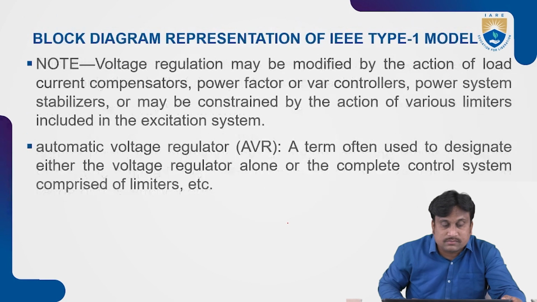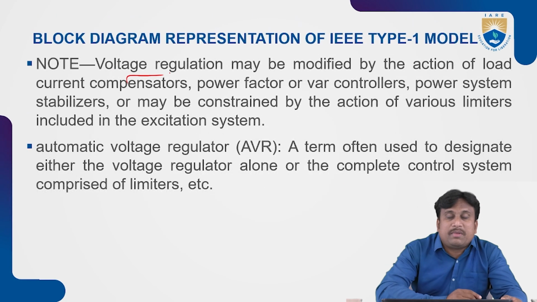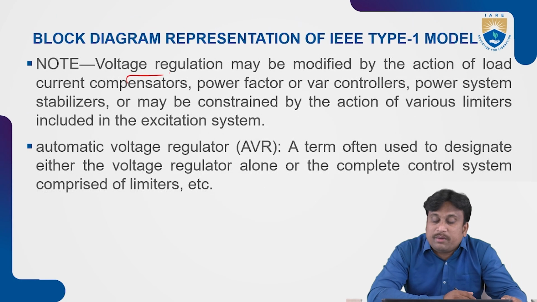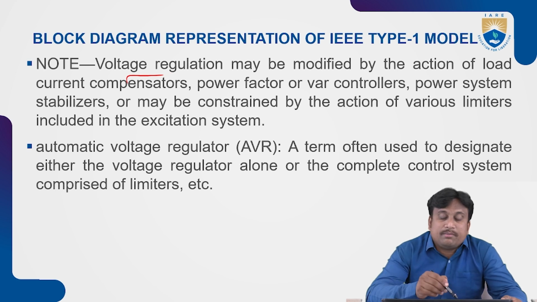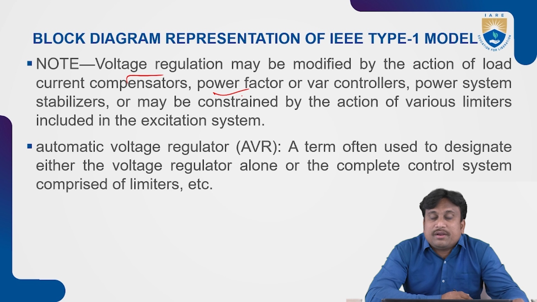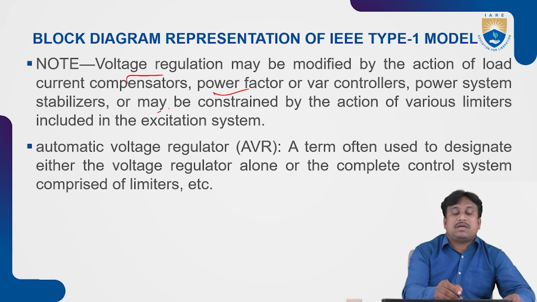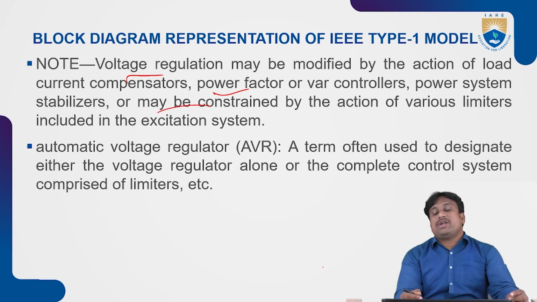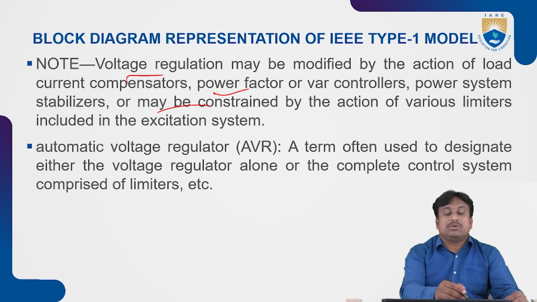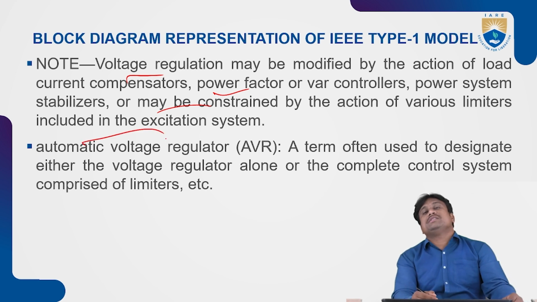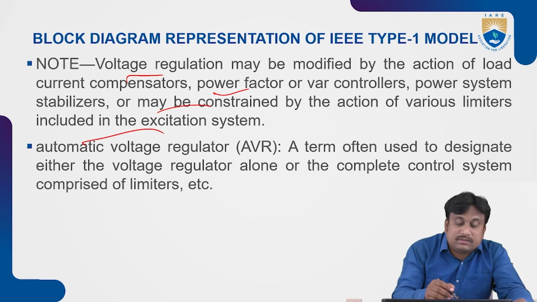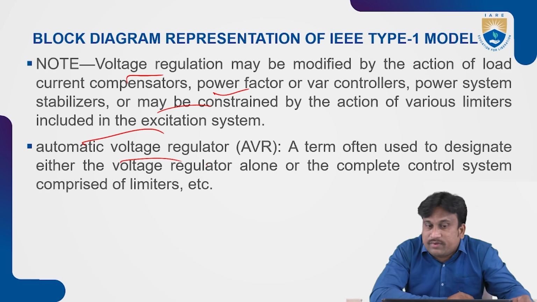Voltage regulation may be modified by the action of load current compensators, power factor or reactive volt-amp controllers, and power system stabilizers, or constrained by the action of various limiters. Those are all included in the whole excitation network. That means the automatic voltage regulator, AVR.